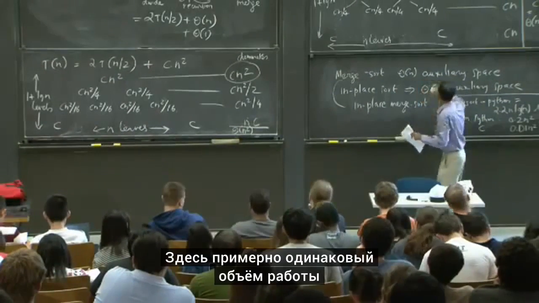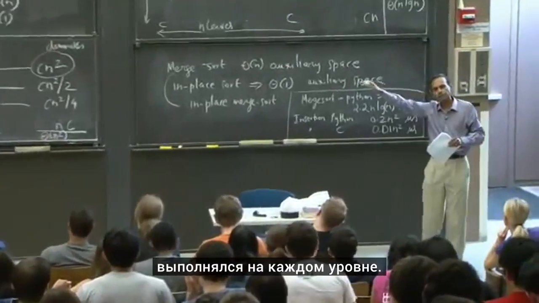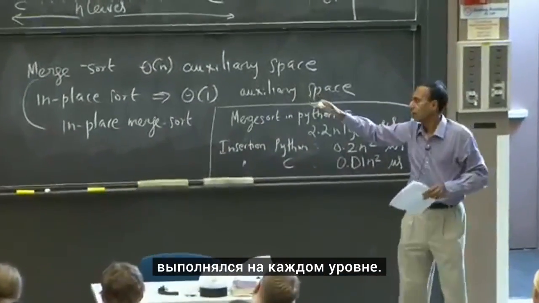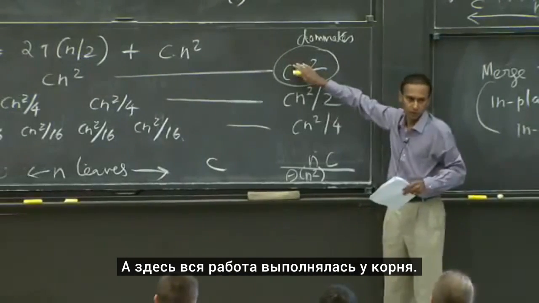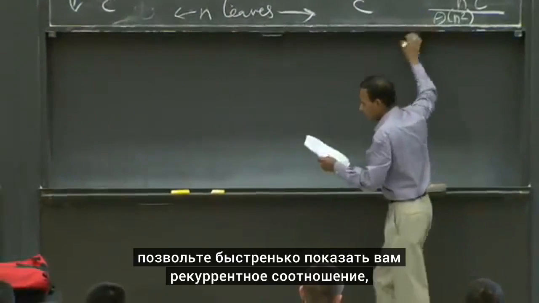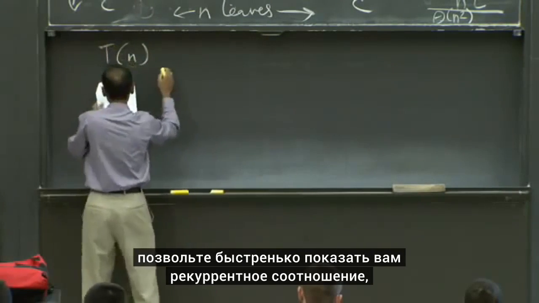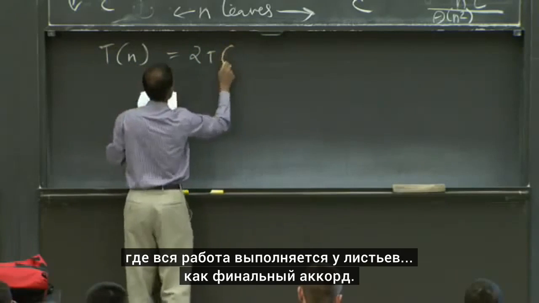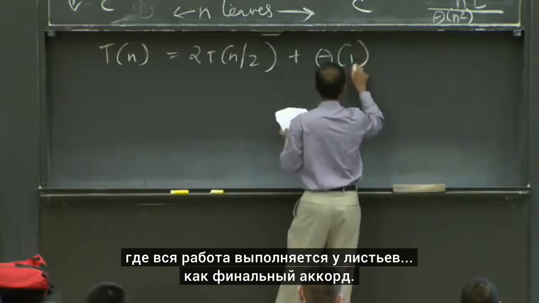Here, there was a roughly equal amount of work done in each of the different levels. Here, all of the work was done at the root. And so to close up shop, let me just give you real quick a recurrence where all of the work is done at the leaves, just for closure.